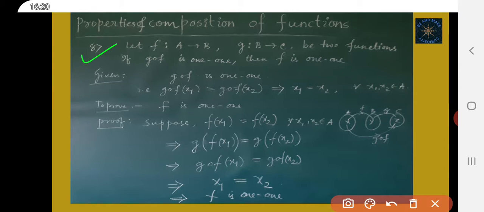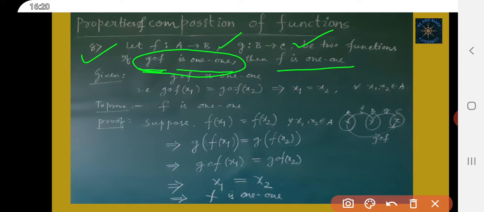Properties 8. Let function f mapping from A to B, g mapping from B to C be two functions. If g∘f is 1-1, then f is 1-1. Here, if the composition of f and g, g∘f, is 1-1, then we have to prove f is 1-1.